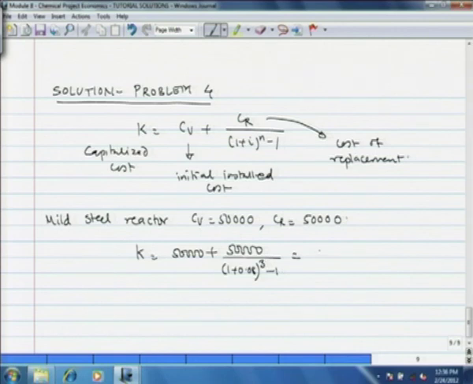So, this turns out to be 50,000 plus 192,521 is equal to 242,521. Yes. So, this is the capitalized cost for mild steel reactor.